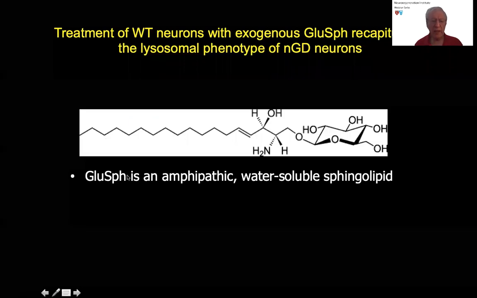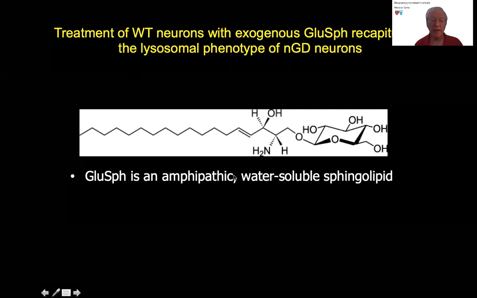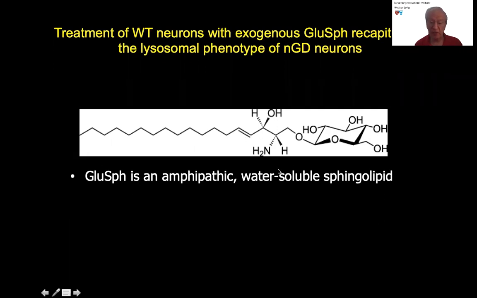So again, glucosylsphingosine is an amphipathic water-soluble glucosylsphingolipid. It doesn't have a fatty acid moiety, which has been hydrolyzed. And it has this amino group, which is protonated in the acid pH of the lysosome. It is hydrophilic.